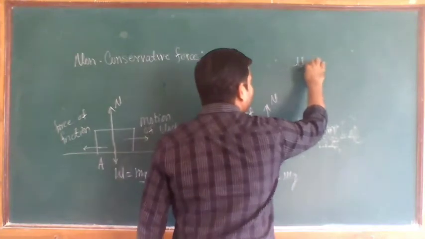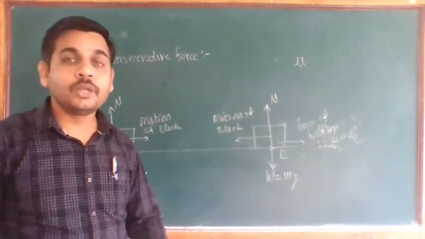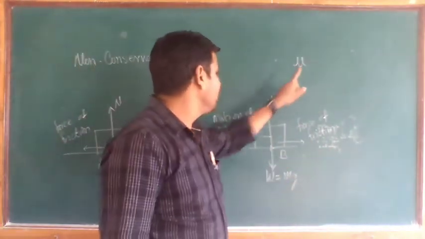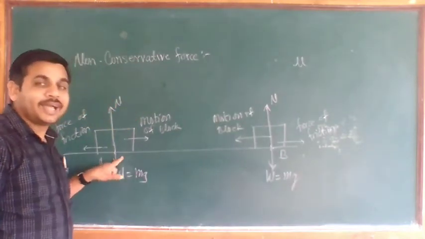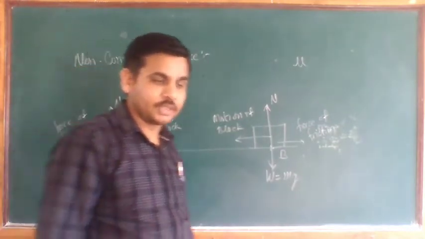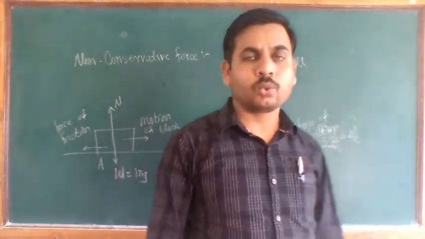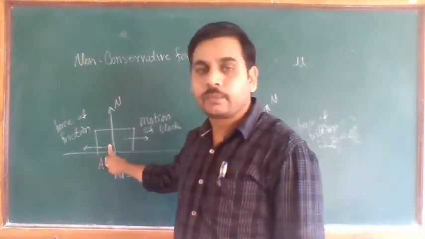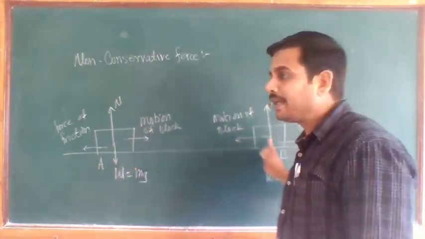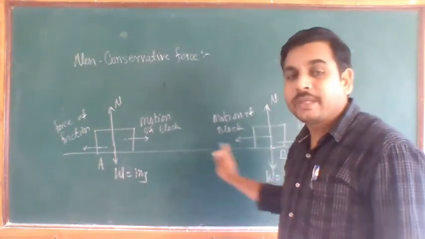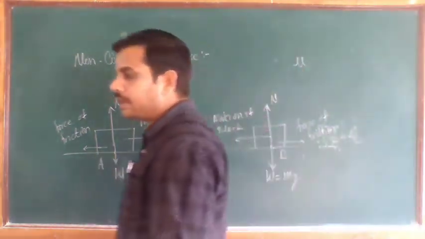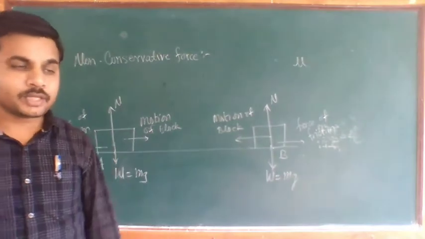This is mu, the coefficient of friction between the block and the rough surface. Now there are two cases. First, the block moving from A to B, second from B to A. From these two conditions, the round trip will be completed.